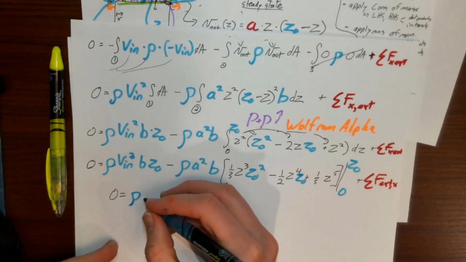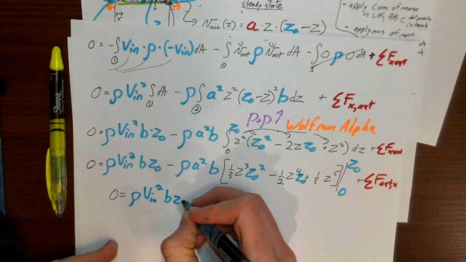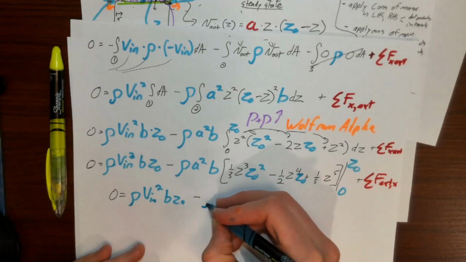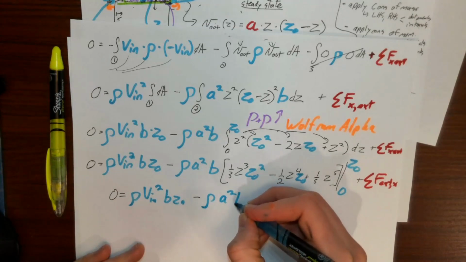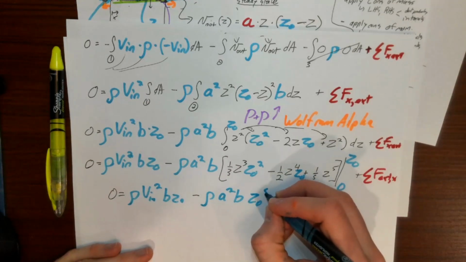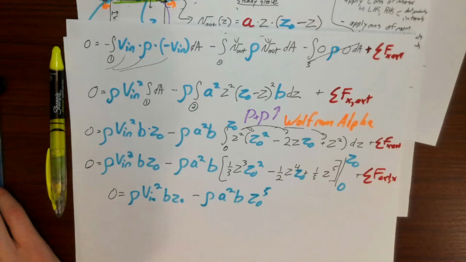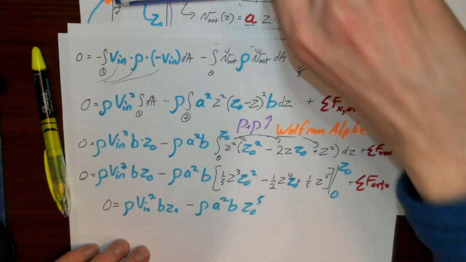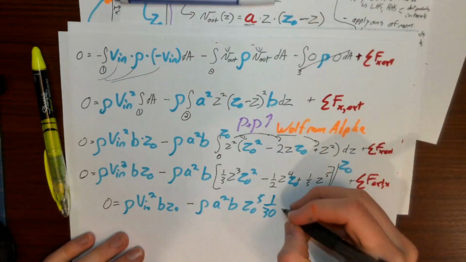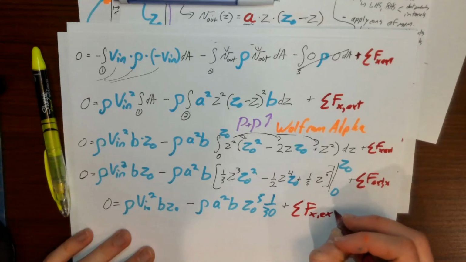We're left with rho vn squared b z naught minus rho a squared b, and we'd have basically a z naught to the 5th. And the coefficient that you get when you cancel all of this out is 1/30th, plus our sum of x external forces.